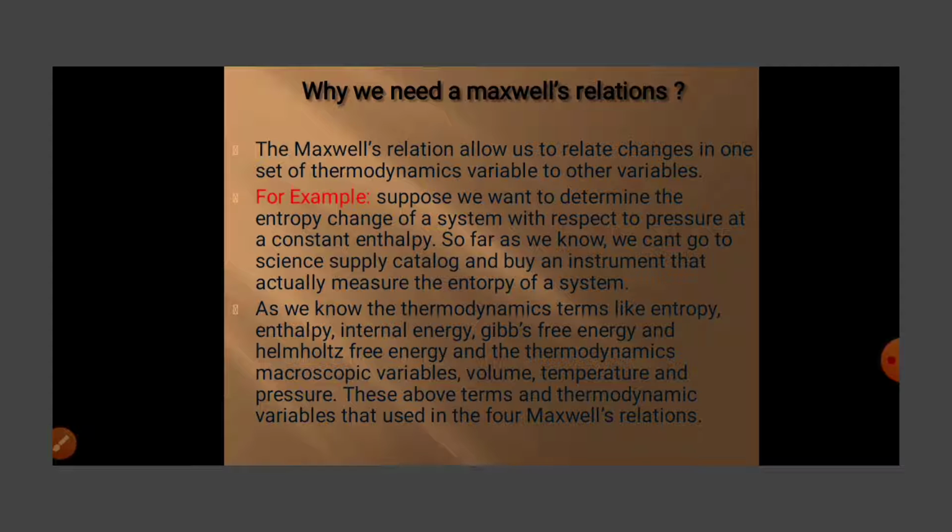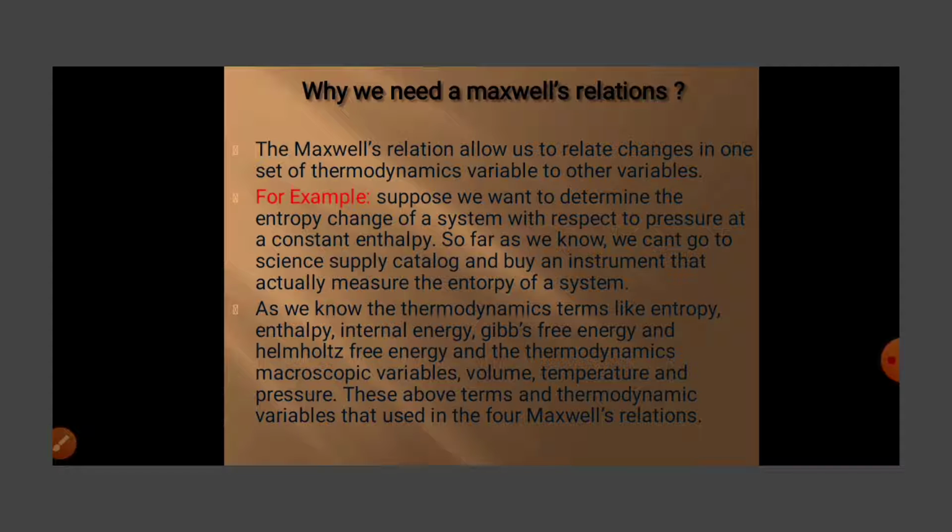As we know, in thermodynamics there are variables like temperature, pressure, volume, and terms like enthalpy, Gibbs free energy, Helmholtz free energy. If we want to find the relation between these terms and variables, and relate a change in one variable with respect to another, then we need a Maxwell relation.